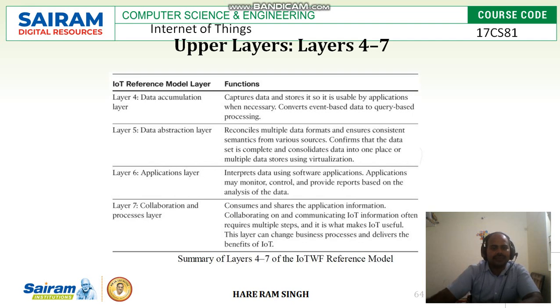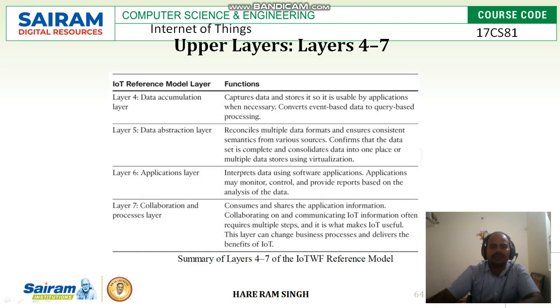Then layer 4 to layer 7 are discussed here. Layer 4 is called the data communication layer. It captures the data and stores it so it is usable by applications when necessary. It converts event-based data to query-based processing. Layer 5 is called the data abstraction layer.